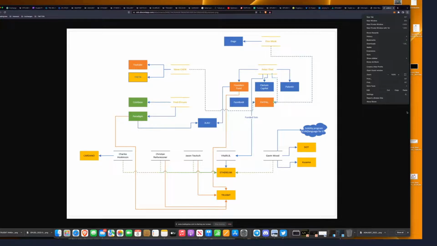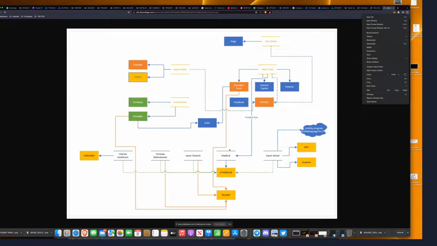So this is a TrueBit model if you're interested. Peter Thiel, if you know him, was part of PayPal. He also created Founders Fund. He's also involved with PayPal, Elon Musk, Steve Chen, Fred Ehrsam, and a whole bunch of stuff.